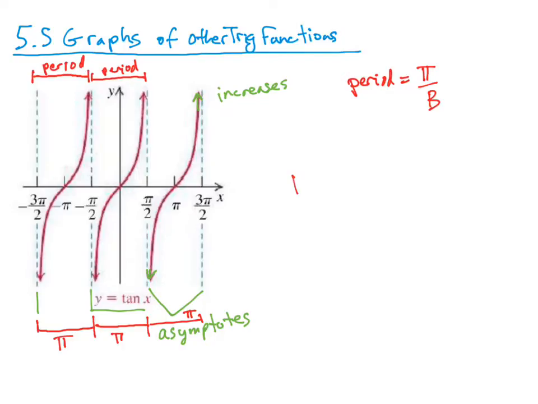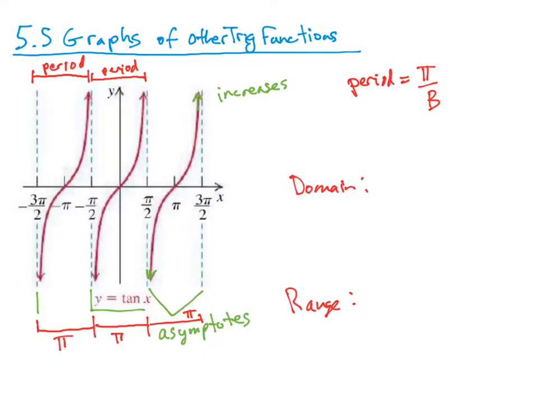We need to discuss what the domain and the range are for a tangent graph. For the domain, everywhere the asymptote lines are is where the function is undefined. So the domain is everything except where the asymptotes are.